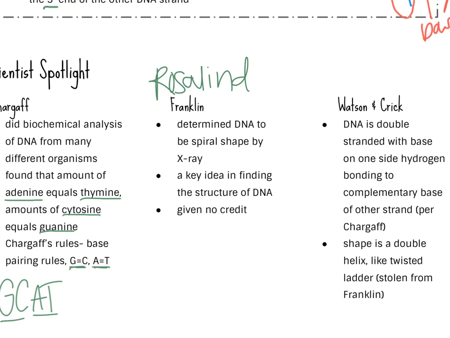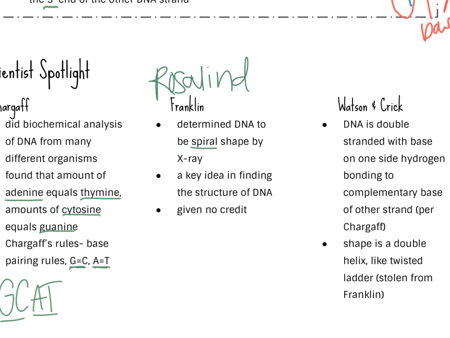She was one of the leading experts in her field. She worked in this lab, and she discovered all of this stuff about DNA. She actually figured out that the DNA was a spiral shape. So she figured out that, hey, it doesn't look like a ladder. It actually kind of twists. She was the one that figured this out.